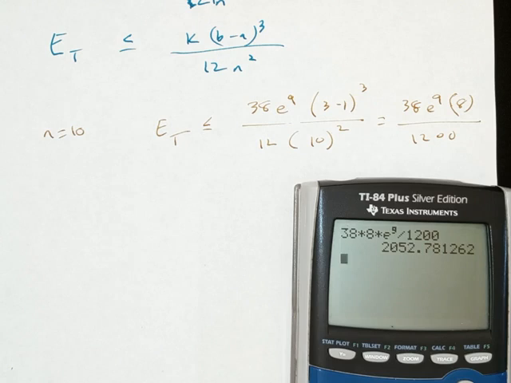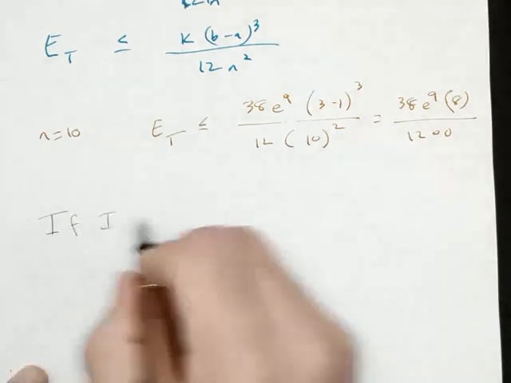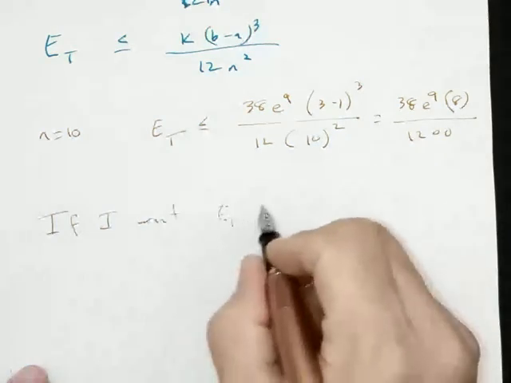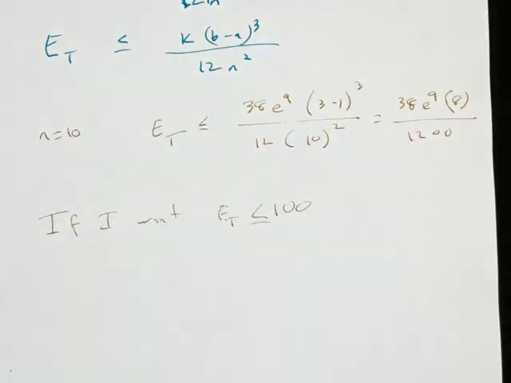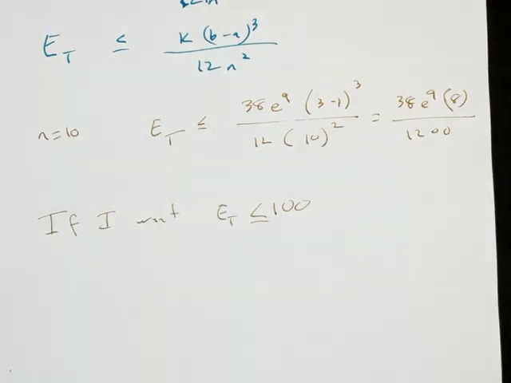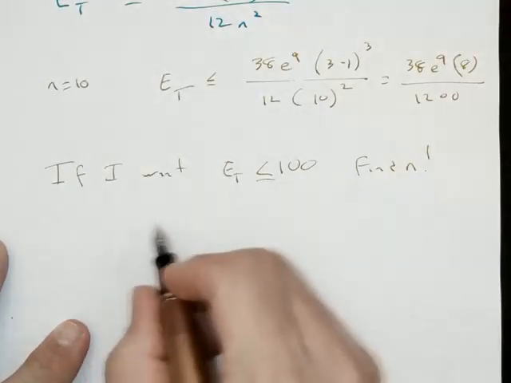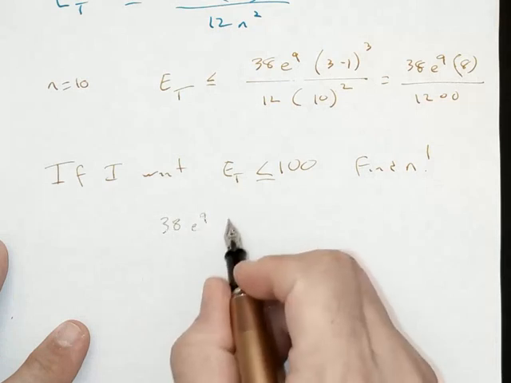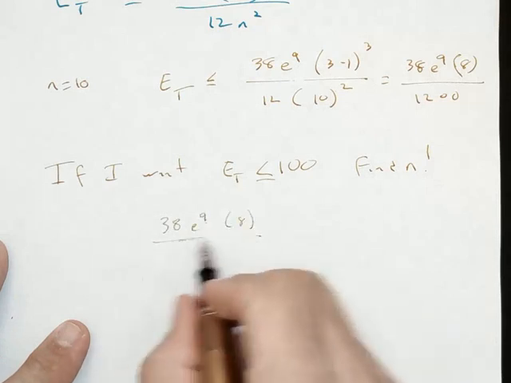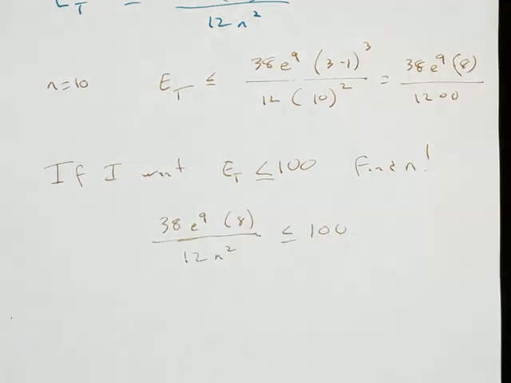On the other hand, I could say, what if I wanted the error to be less than 100? Well, then I could up the number of rectangles because more rectangles gives me a more accurate answer. So let's find n. 38 e to the 9th times 8 over 12n squared less than or equal to 100.